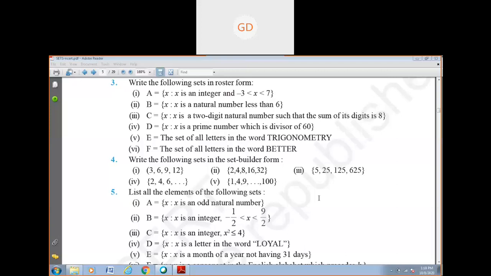So this is an alternative expression in set builder form: x such that x is equal to 3n, comma, n is equal to 1, 2, 3, 4. Second one, if you see, sub question 2 of 4.